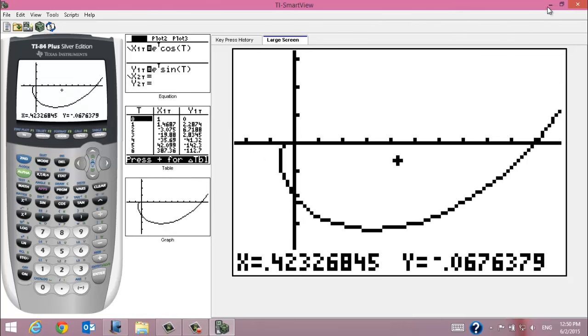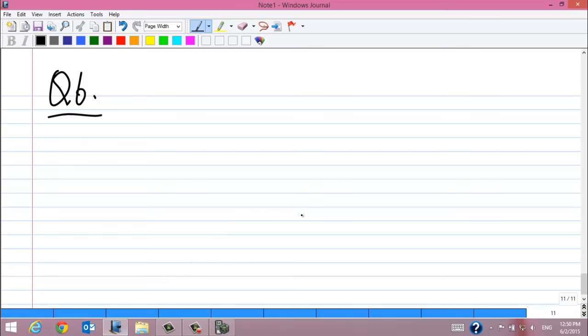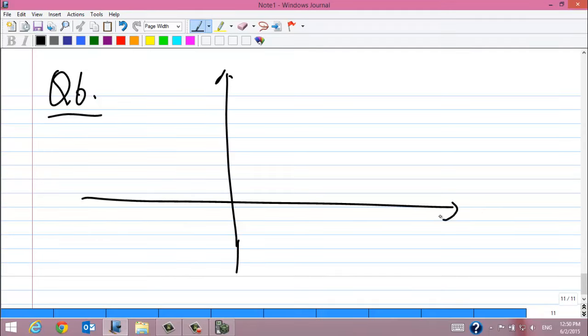Roughly we know how it looks like. So this graph, if you refer to it, it's going to look like this.